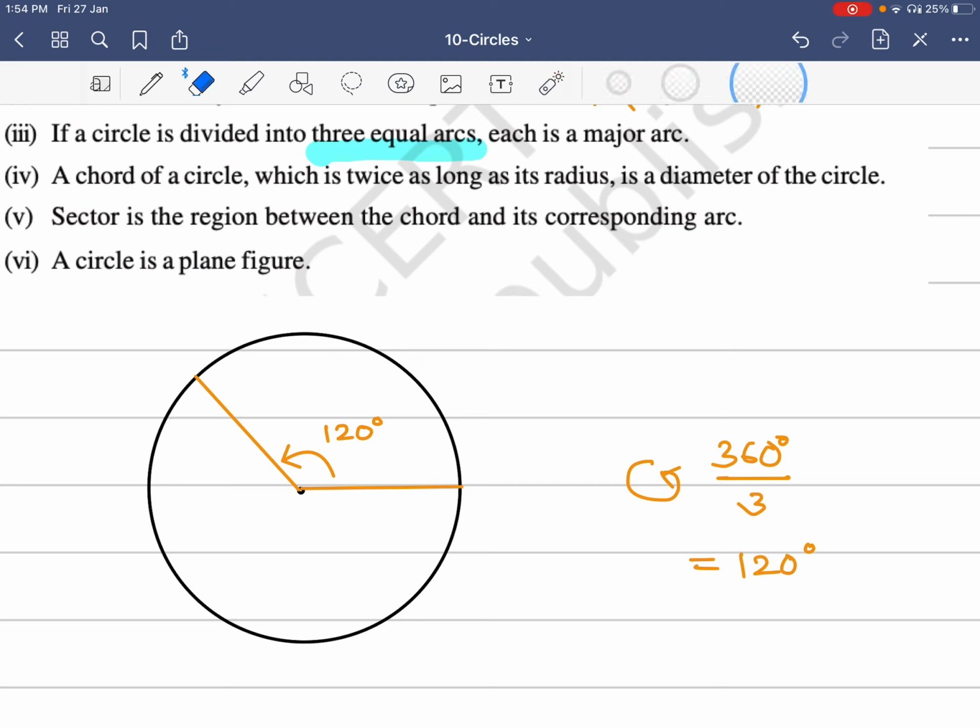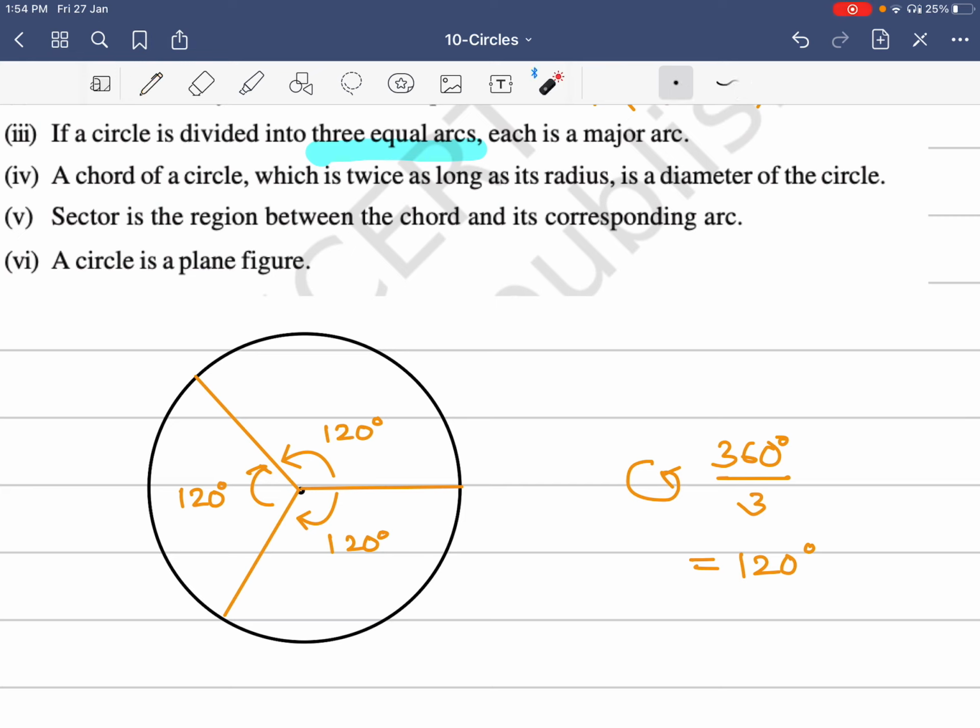So let's try to construct another similar arc. This is again 180, so 120 will be something like this here. I'm going to draw like this. This also is our 120 degree arc, and this also is our 120 degree arc.